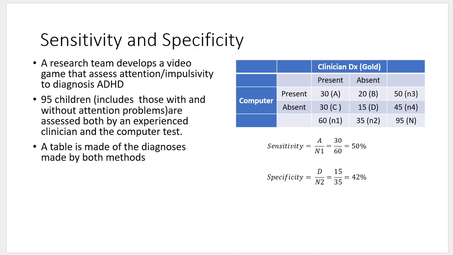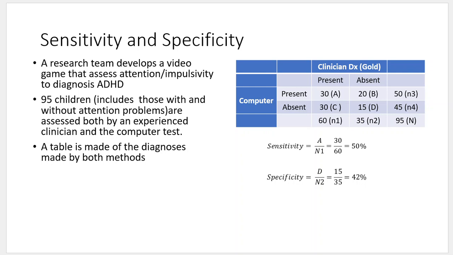So here I get 95 kids, both those with ADHD and controls, and they take the computer test, and they're also assessed by the clinician, who is the gold standard. Again, we make a table here, and we see that the test and the clinician agree in 30 cases.